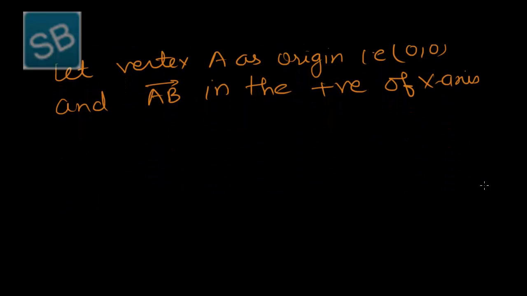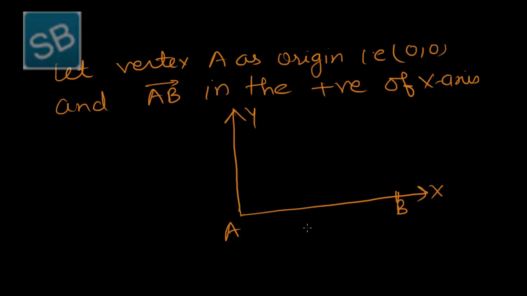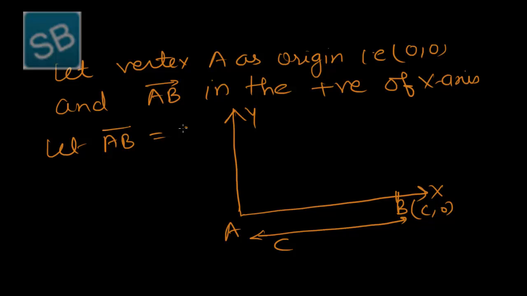Just see here, this is the x-axis, this is the y-axis, and we take A as origin and B on the positive x-axis at a distance c. So the coordinates of B are (c, 0), and let AB be equal to c.